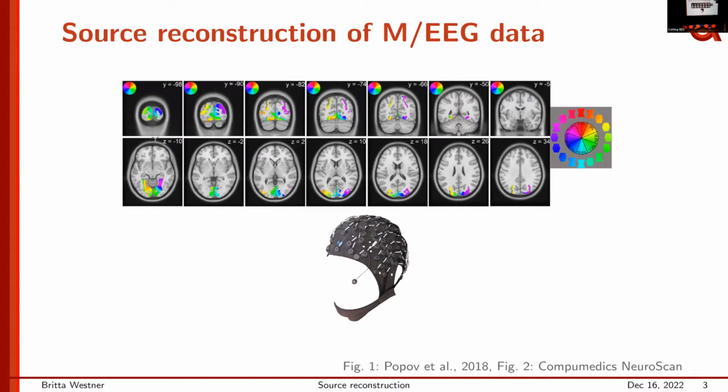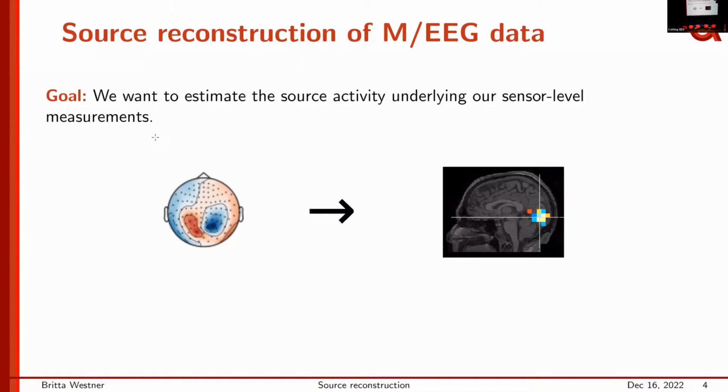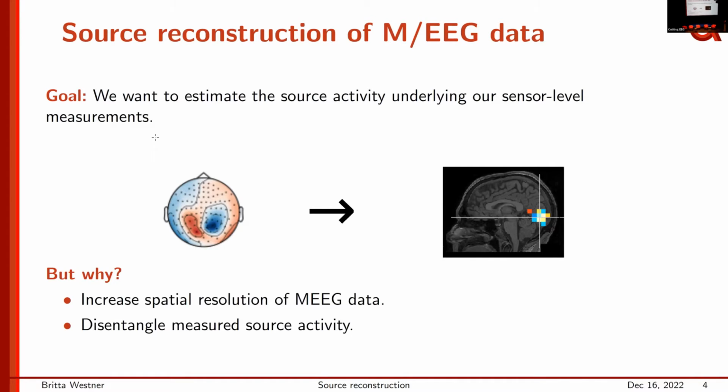And this is exactly what we're going to talk about today. How do we get from this? You've seen that over the last few days a couple of times, topographies of EEG or MEG data, to this, estimating where those fields or potentials most likely originated from in the brain. Why do we want to do this?